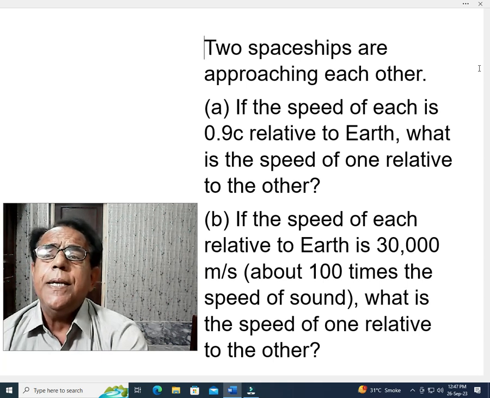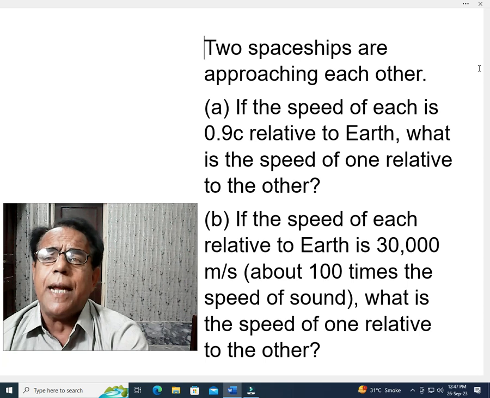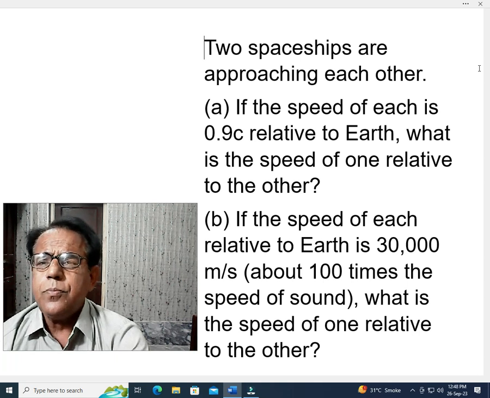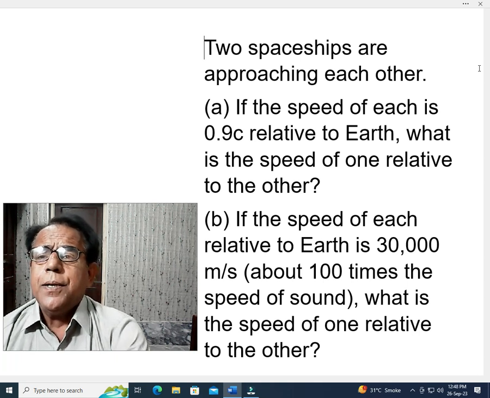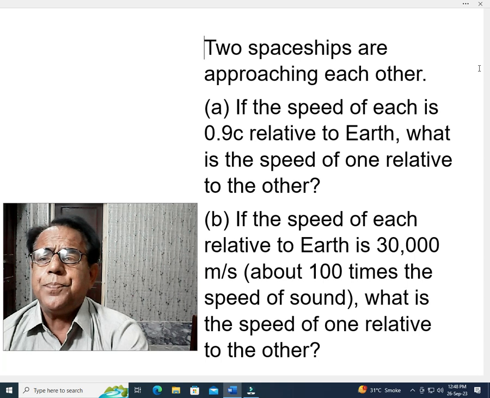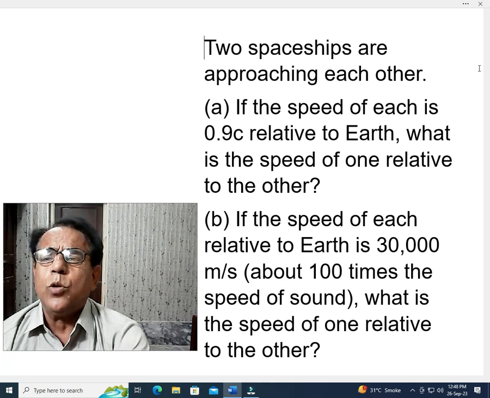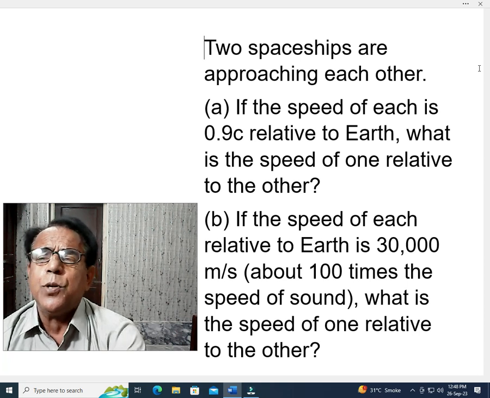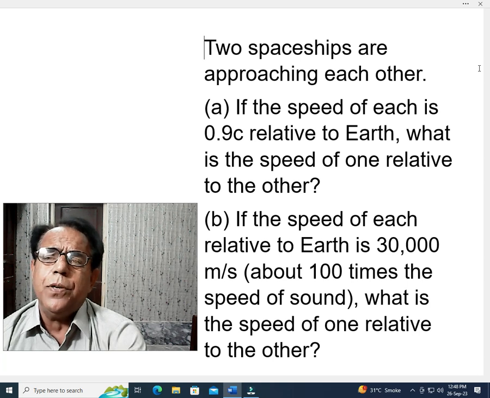Part B: if the speed of each relative to earth is 30,000 meters per second, which is about 100 times the speed of sound, it means the speed of sound will be 300 meters per second, because 100 times 300 is 30,000.